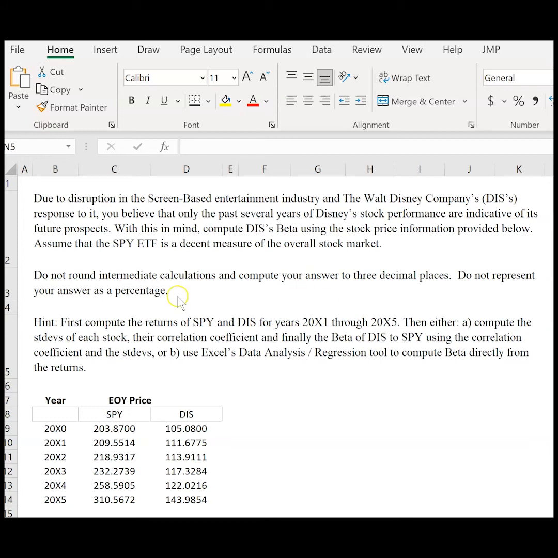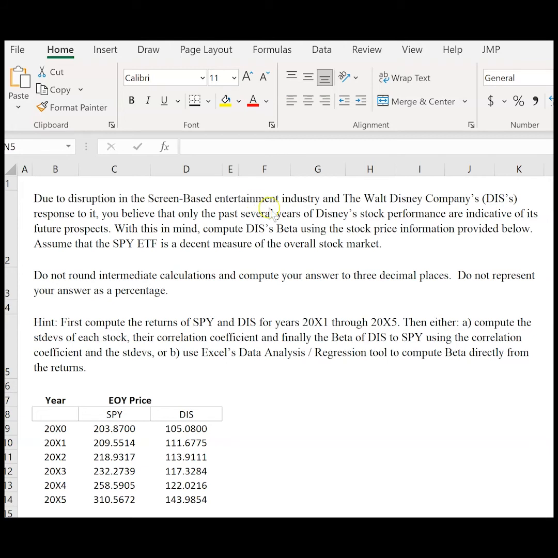Okay, so just stopping reading that question right there. What this is saying is that Disney, stock ticker DIS, has been a publicly traded company for years and years and years. But you, based on current market conditions and what it says in this first sentence, believe that all the historical data is not going to help us predict anything in the future expected returns or expected standard deviation.